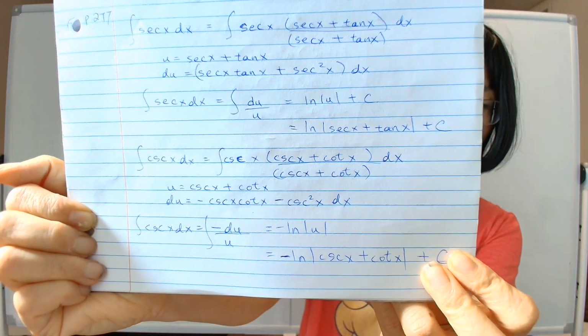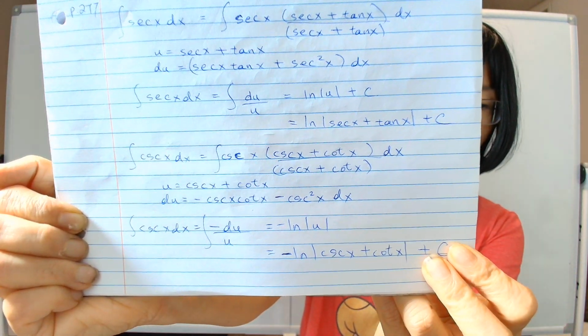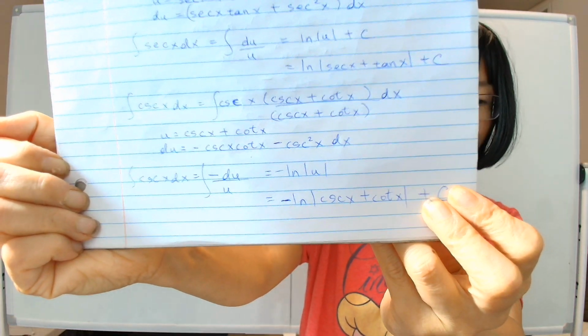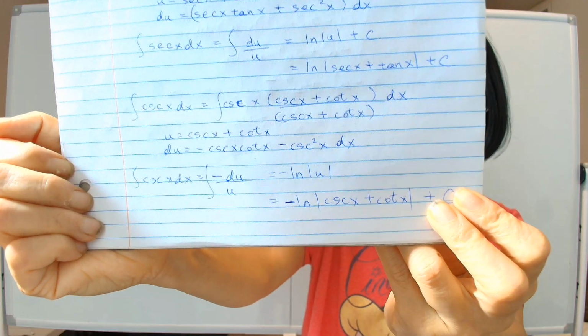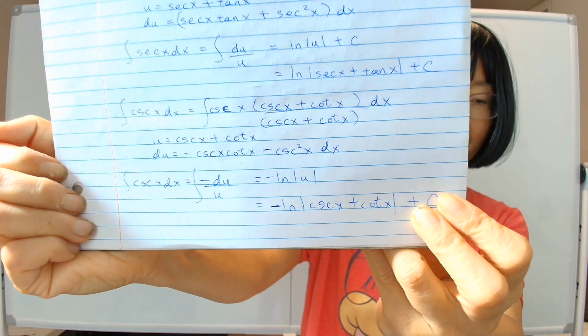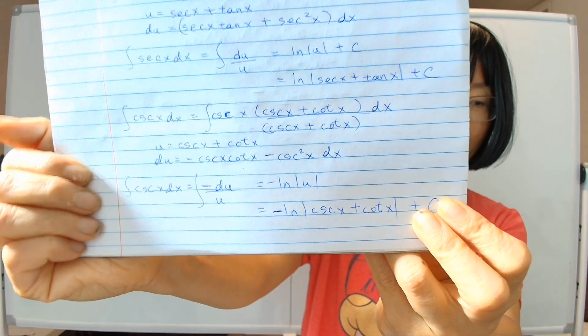This is similar to what you do with the secant. The secant integration is exactly the same. So then du equals negative cosecant x cotangent x minus cosecant squared x, which just happens to be the exact thing on top of the division line in the integral.